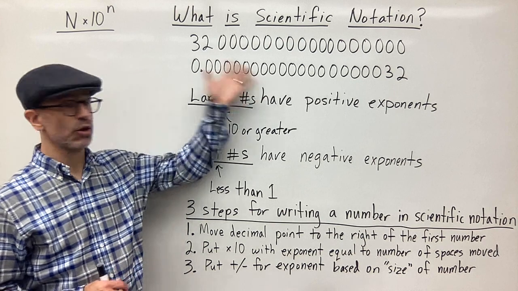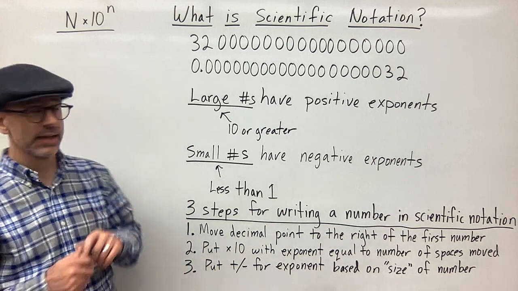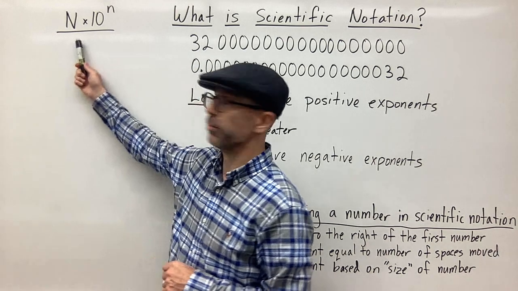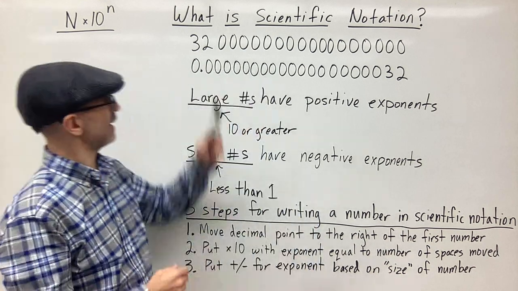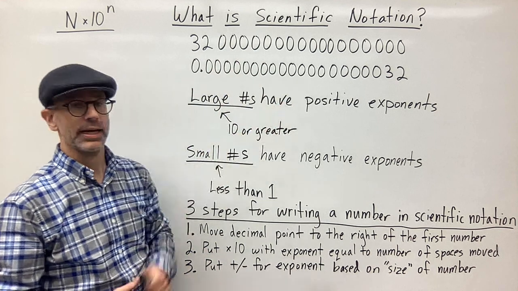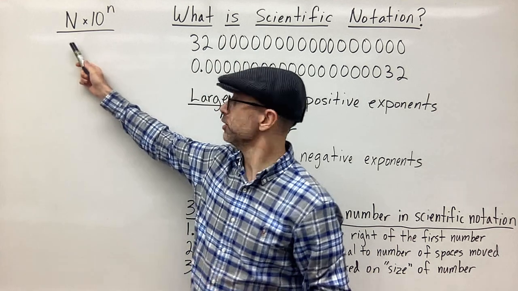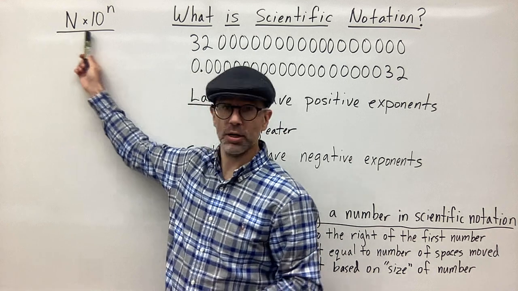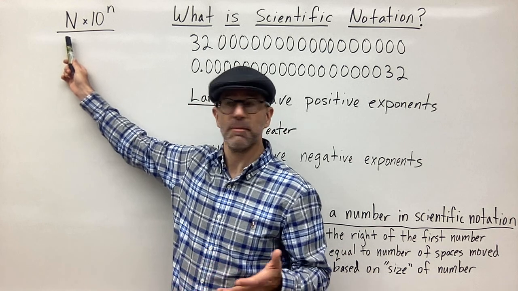So I'm going to show you how you convert this to scientific notation. The format that we're going to be using is this format here. Scientific notation is where you're going to take a number like this or this, and you're going to put it into this form here. So the form here is that you're going to have some number. This number is going to be between 1 and 10.